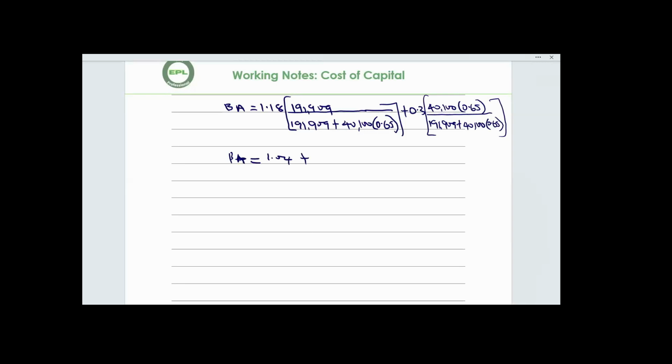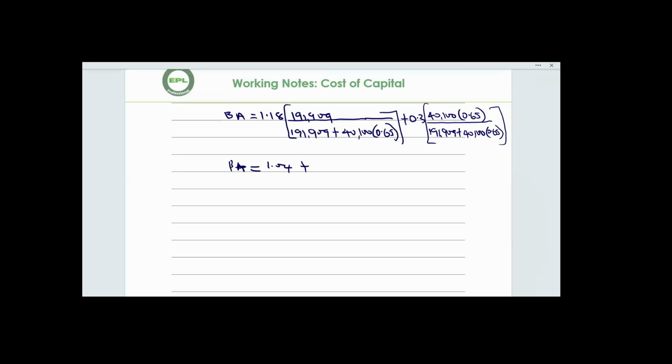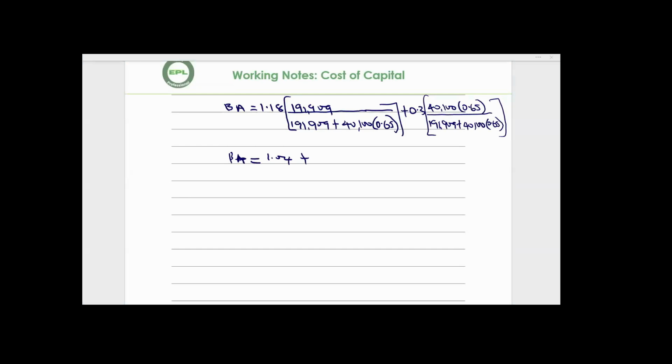Then the one on the right will be equal to 0.65 multiplied by 4,100 plus 191,909. That's 217,974.